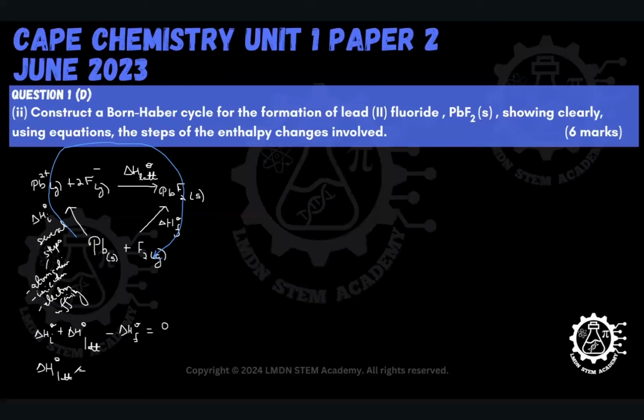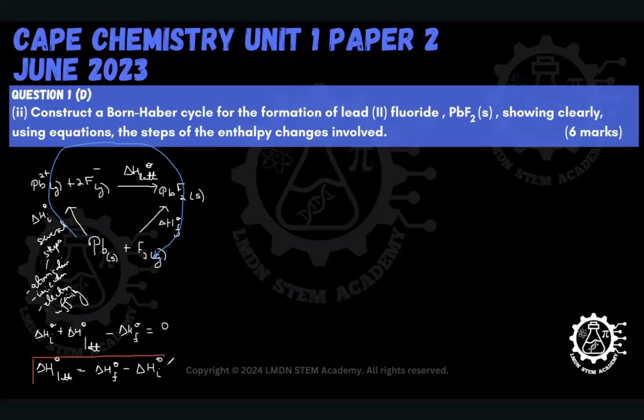So ΔHlat° is going to be equal to my ΔH of formation minus, because I'm going to bring it over, the enthalpy change for all those several steps that we spoke about taking place right here. So this is an equation that we can come back to later on. Let's just box this equation for now.